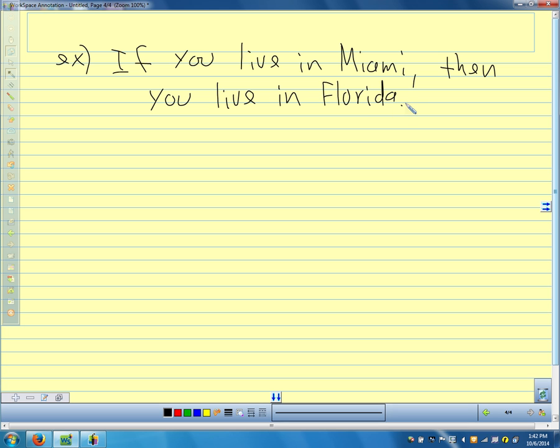We want to find the truth value of this, and if we think it's false, we need to find a counterexample. So is this true or false? True. Okay, Miami's in Florida.